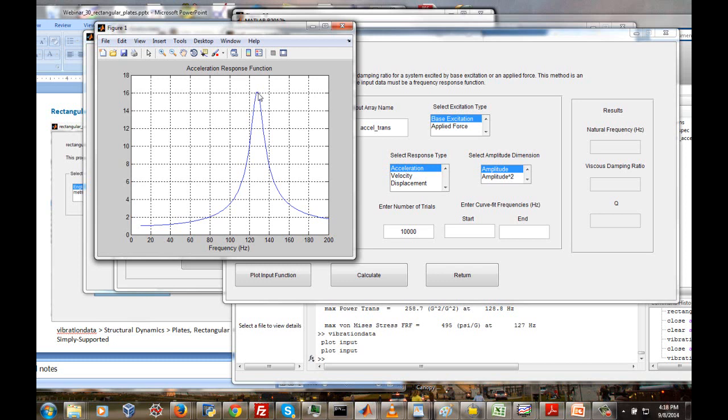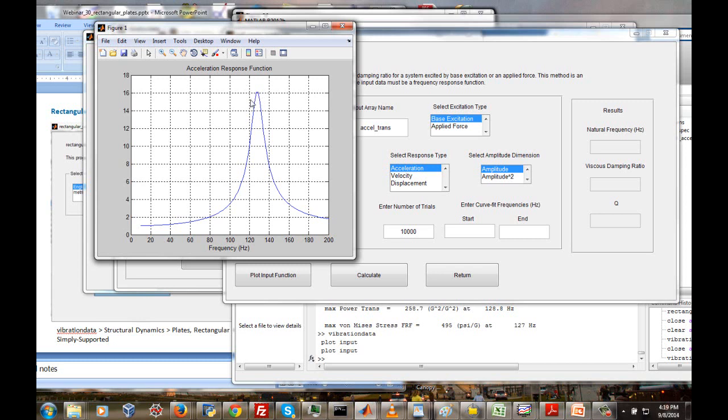We have a continuous plate. So that neat and tidy and simple rule doesn't work anymore. If we tried to pick off Q from the peak, we would think that Q is just slightly above 16. Well, that's not true. Q is equal to 10.